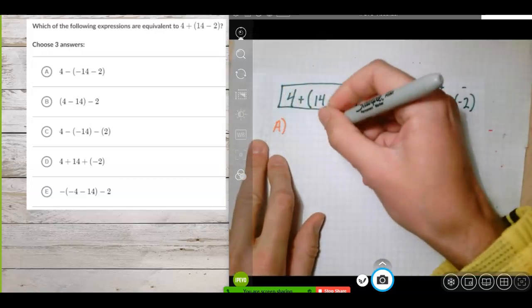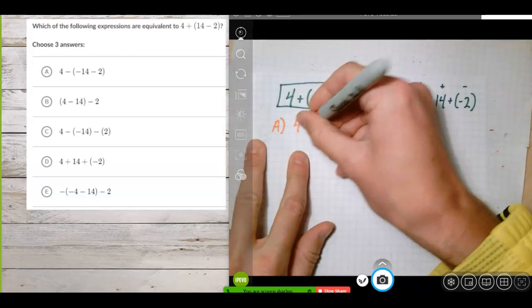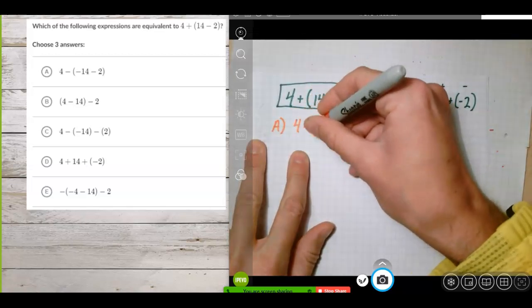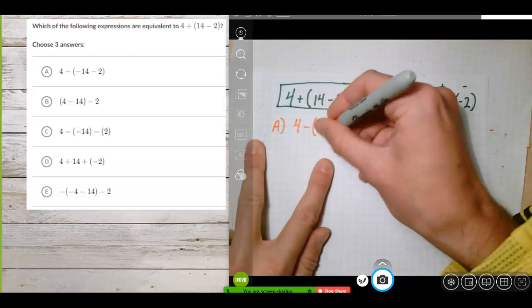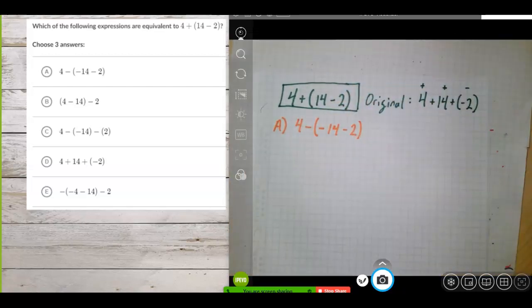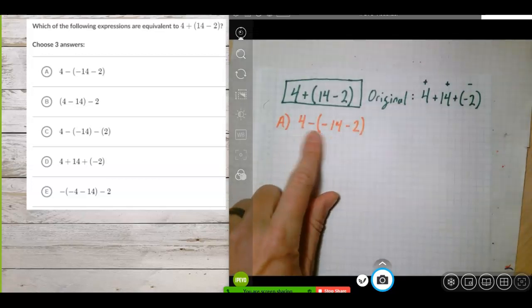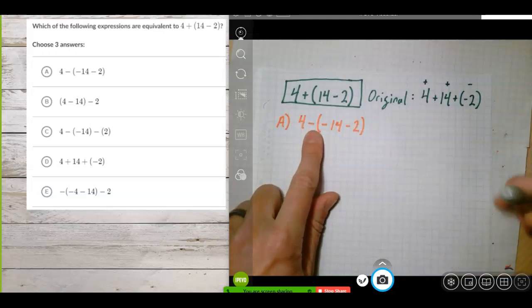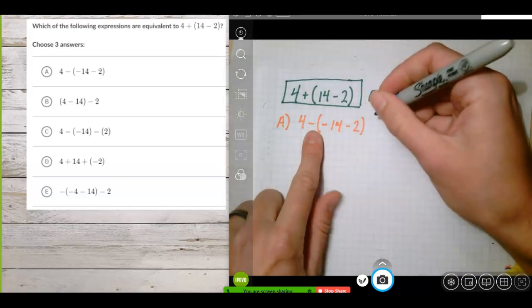So option A gives us 4 minus, then a parentheses, negative 14 minus 2. Now remember, this is not recording you guys, but can anyone tell me what we have to do with this negative since it's right against a parentheses? Yeah, and there's a fancy word.